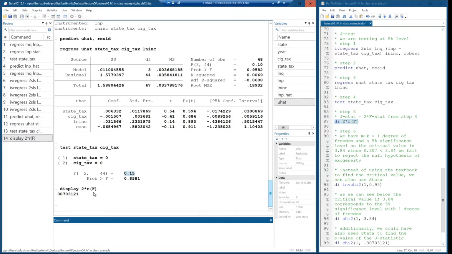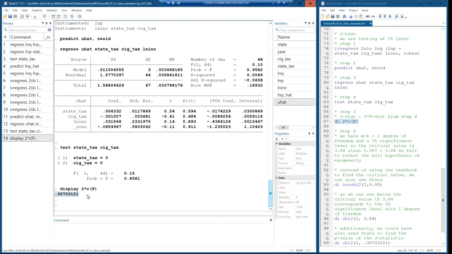And now we have to compare this to a critical value, and if this number is above the critical value, then we reject the null hypothesis of exogeneity.